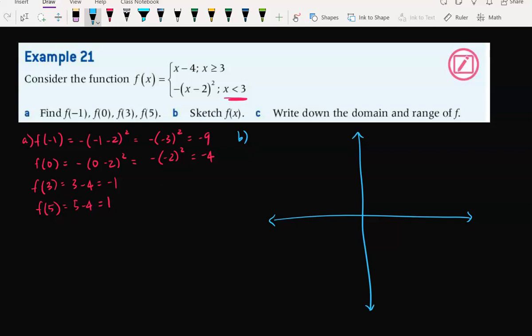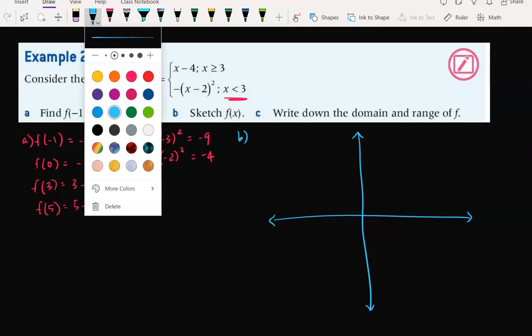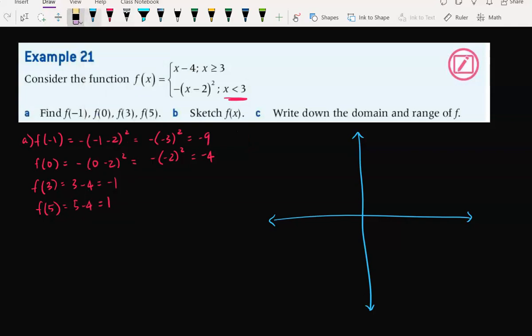We've got 2 linear points and 2 quadratic points. I'm going to rewrite this. This is -1 and -9. This is 0 and -4. This is 3 and -1. And this is 5 and 1.